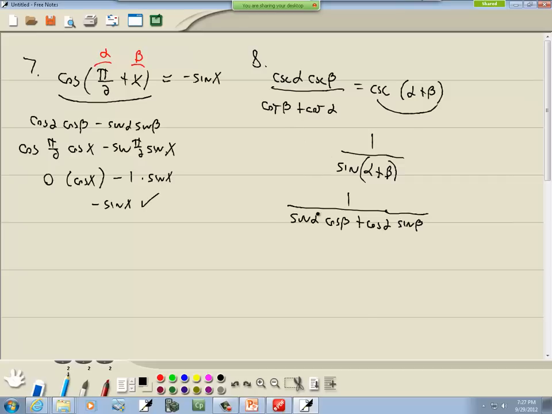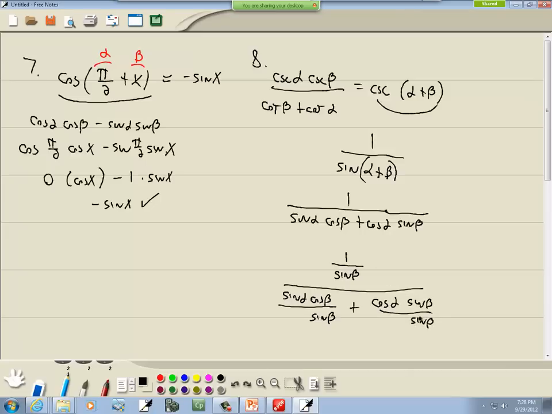Well, to get a cotangent beta here, cotangent is cosine over sine, so I'm going to divide this by sine beta. We can't just divide that by sine beta, though. We have to divide everything by sine beta. So this will be sine alpha cosine beta over sine beta, and then this one, cosine alpha sine beta over sine beta.